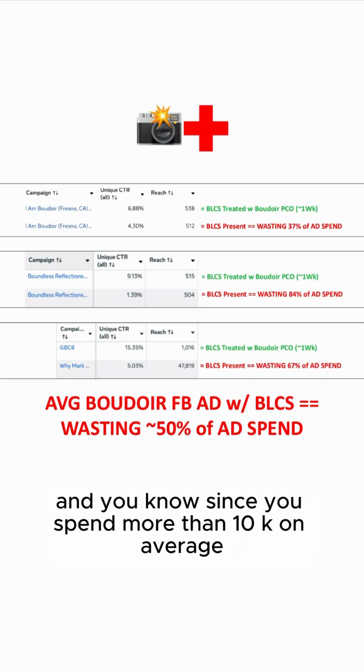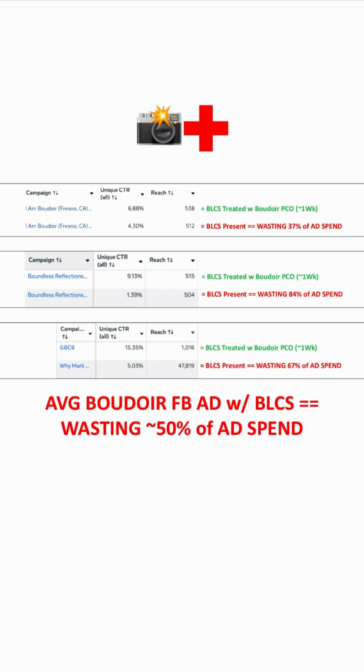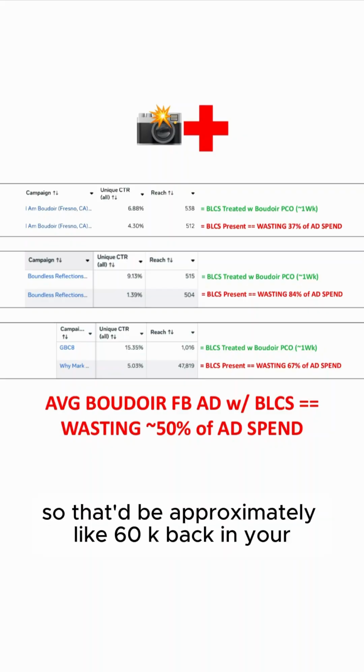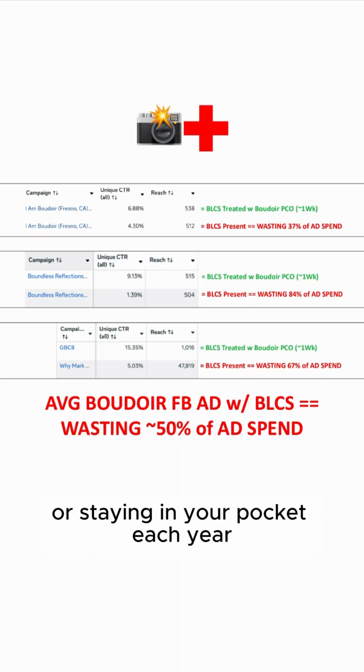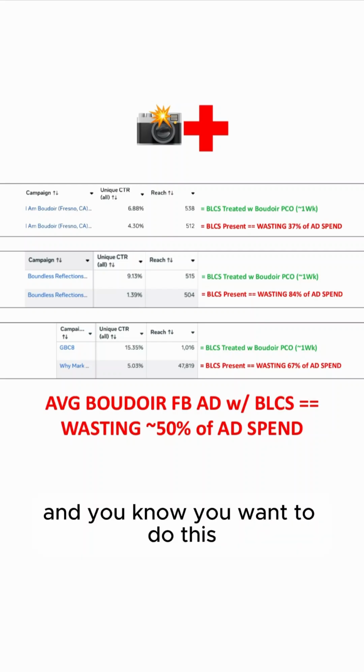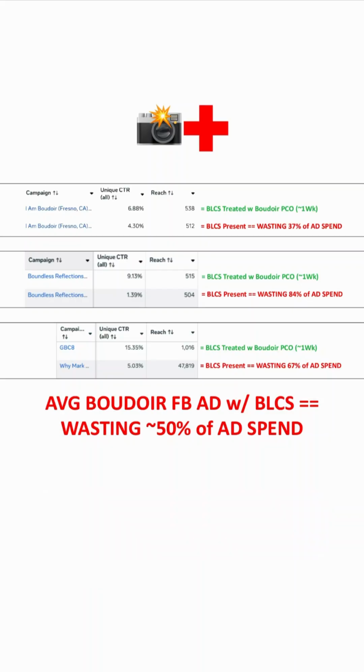And since you spend more than 10K on average, we can probably eliminate approximately 5K wasted ad spend per month. So that'd be approximately 60K staying in your pocket each year, kind of a phantom bonus. And you want to do this so you can be on your way to becoming the number one boudoir photographer in your city.